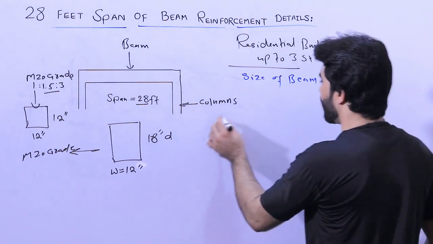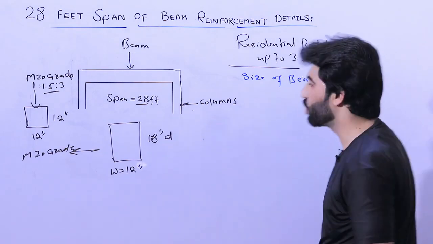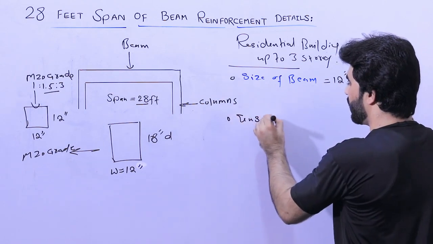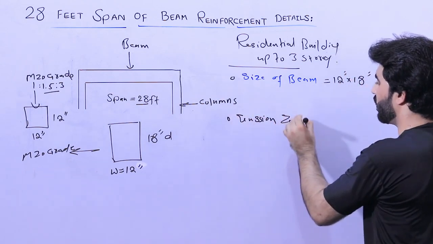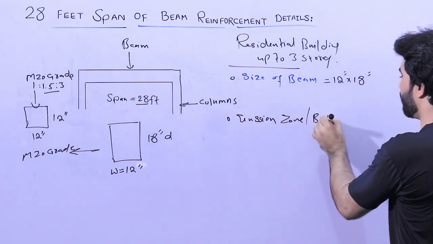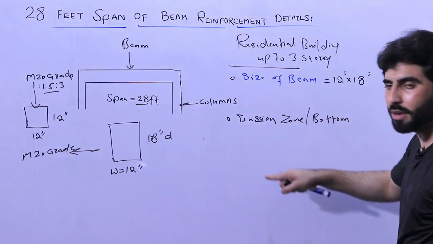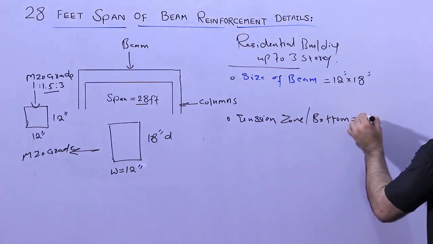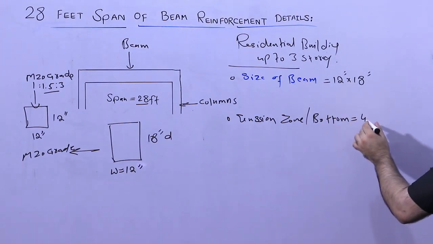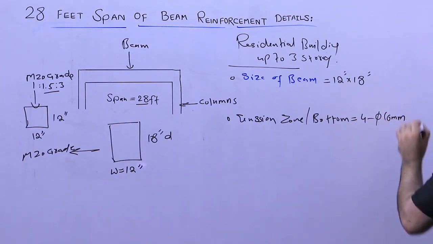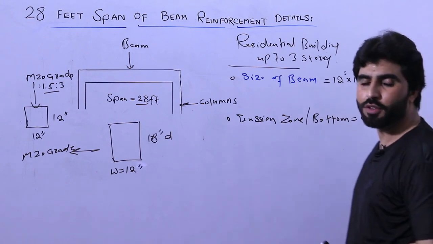Now let me guide you on the steel reinforcement. At the tension zone, or you can say the bottom of this beam, we used 4 bars where the dia was 16 millimeter. This is very important for you to know.